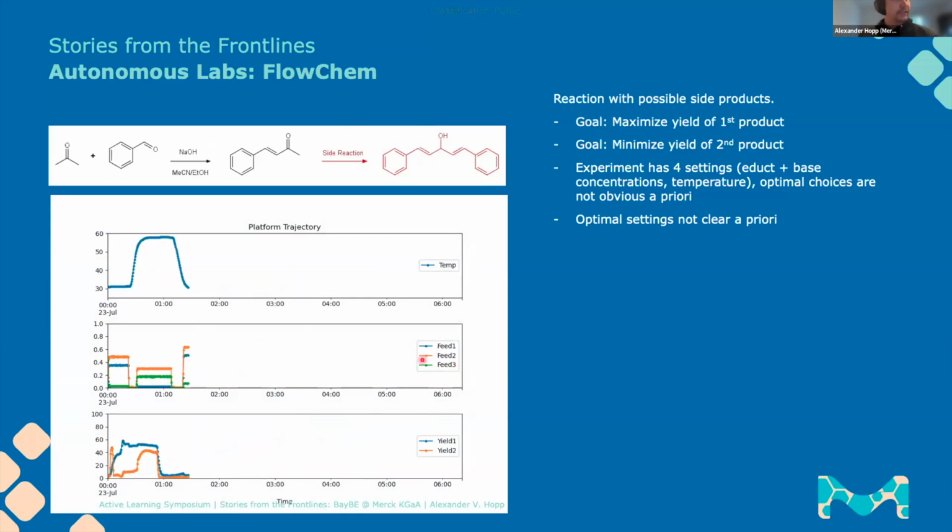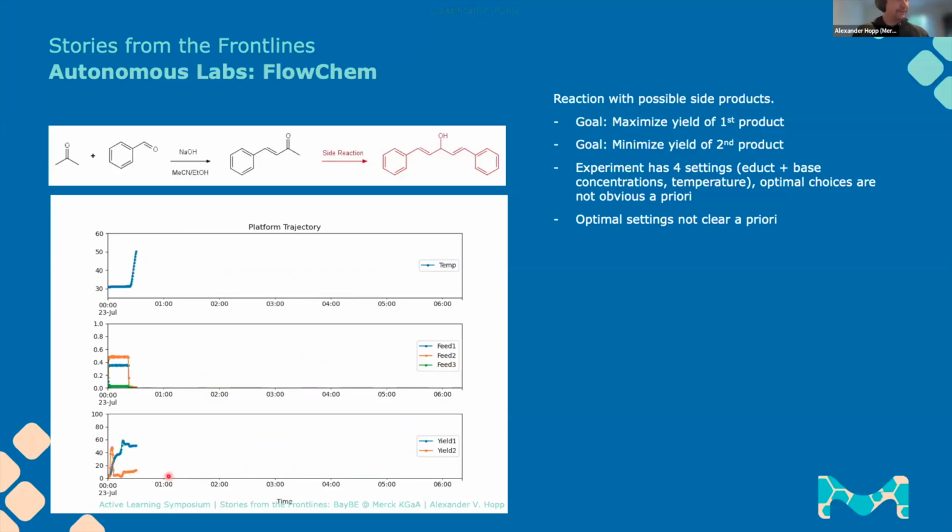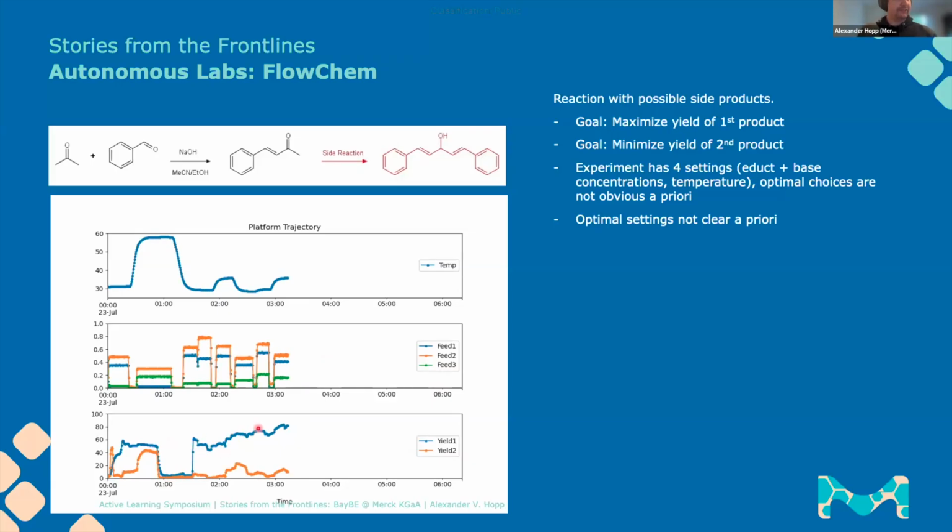On the bottom, you see the actual yields and how they evolve over time. And you see, quite interestingly, in the beginning something is happening, it's a bit exploring, then a not that nice configuration has been found because it just brought everything down to zero. And then you see that a good point was found and that the exploration really turns into exploitation.